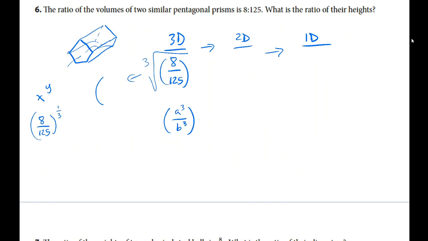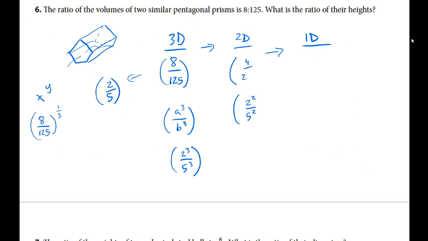That's how you could do the third root. Anyways, the third root of this would be 2/5, because 8 over 125 is the same as 2 to the third power over 5 to the third power. So that means the 2D areas here would be 2 squared to 5 squared, or 4 to 25.